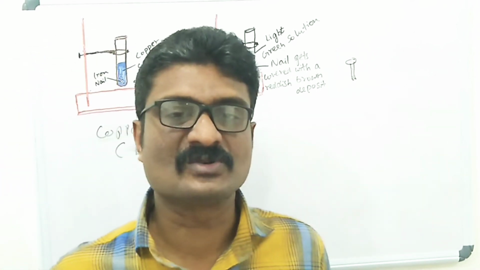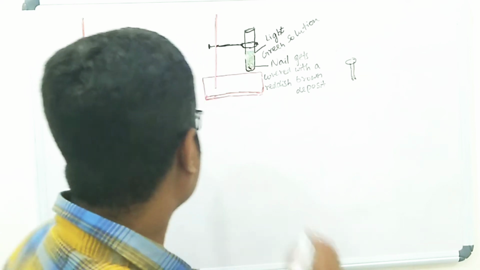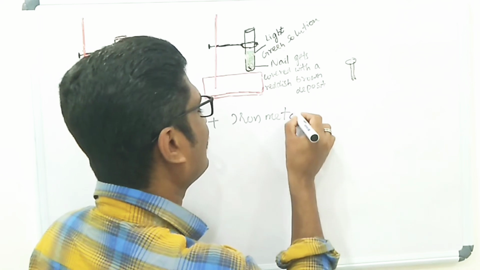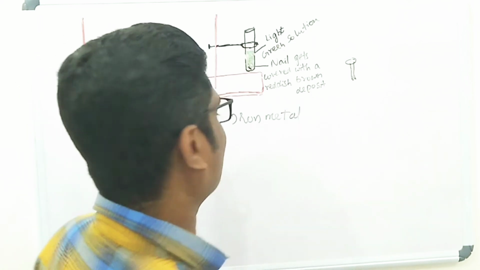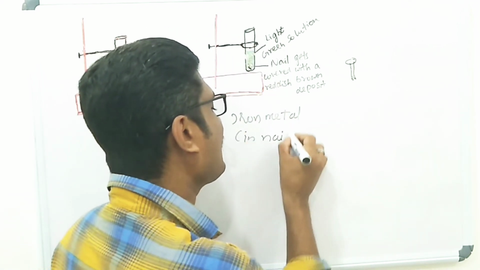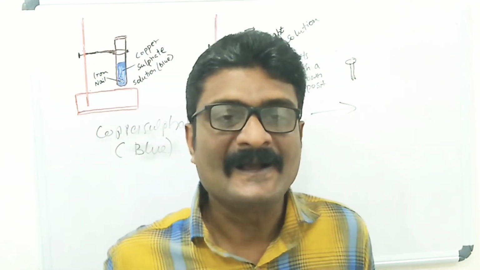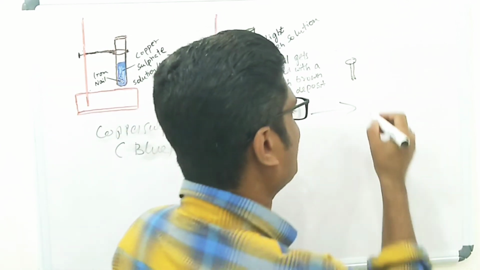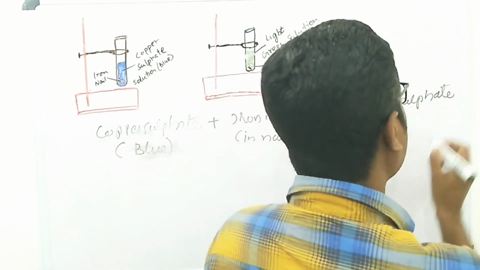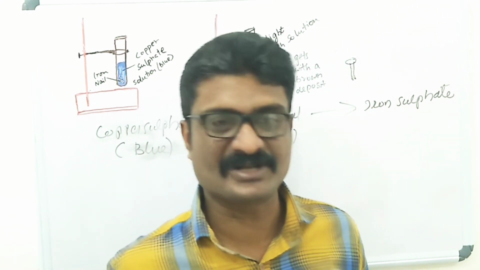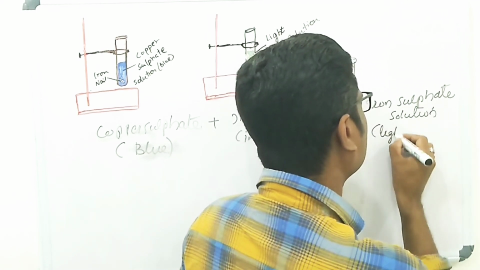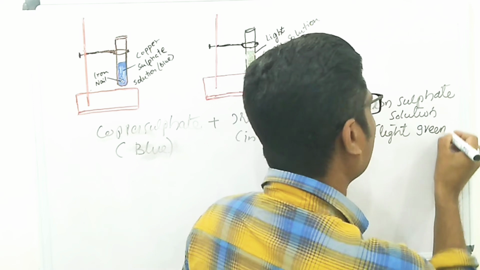This copper sulfate reacts with the iron metal in the iron nail, and a new substance is formed. That new substance is iron sulfate. The iron sulfate solution has a light green color.